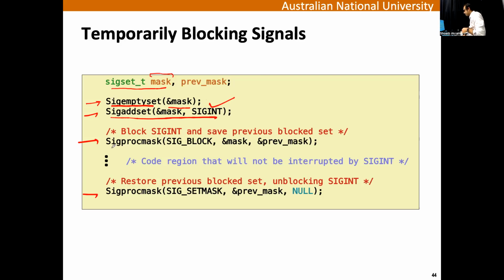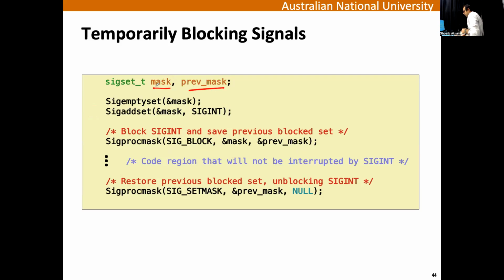And then you call this function, sigprocmask. This will tell the kernel that you want to block signals that are defined in this mask, and the previous mask is stored in the previous mask variable. So the typical flow is that you create two variables, mask and previous mask.